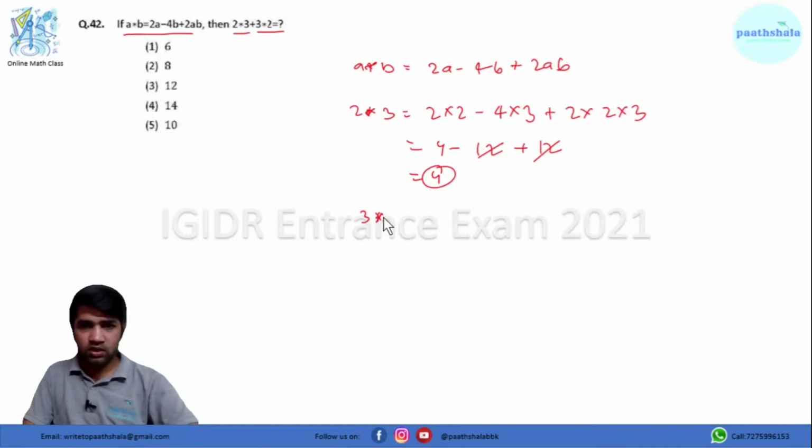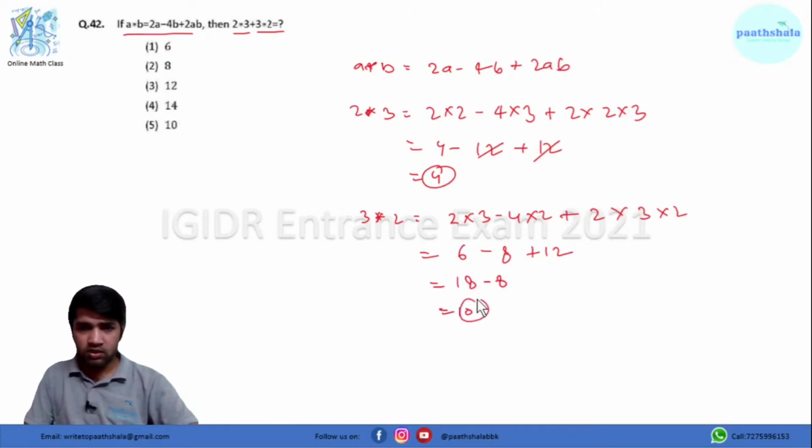And 3 star 2 will come out to be 2 into 3 minus 4 into 2 plus 2 into 3 into 2. This will be 6 minus 8 plus 12. So 12 and 6, 18 minus 8, this is 10. So 10 plus 4, this is 14. So option 4 is the right option.